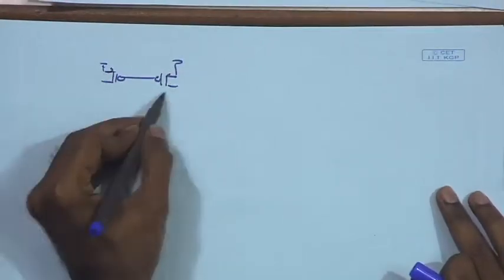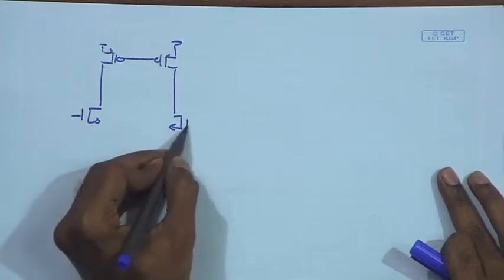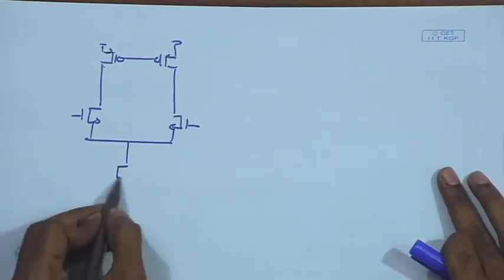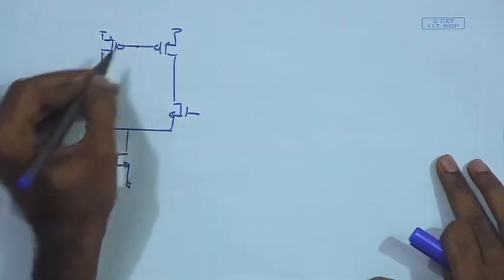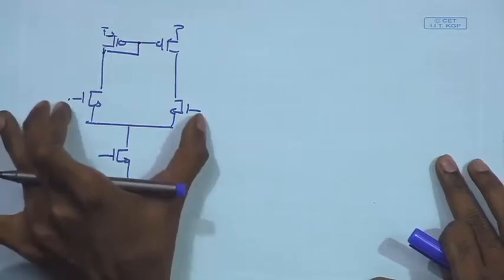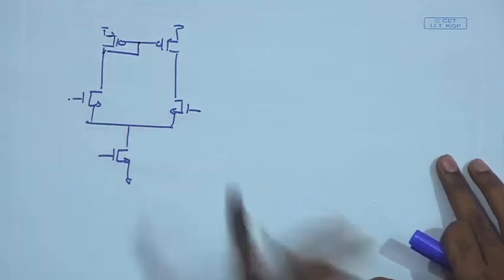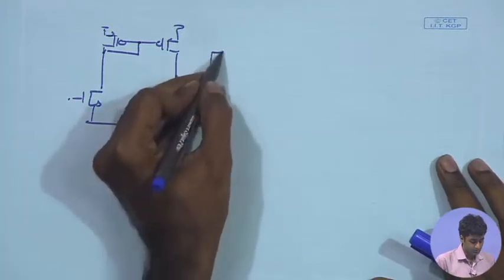So, let us consider the first differential stage itself. Ideally, if I am looking at the differential input with single ended output, and suppose we also include the second stage over here.